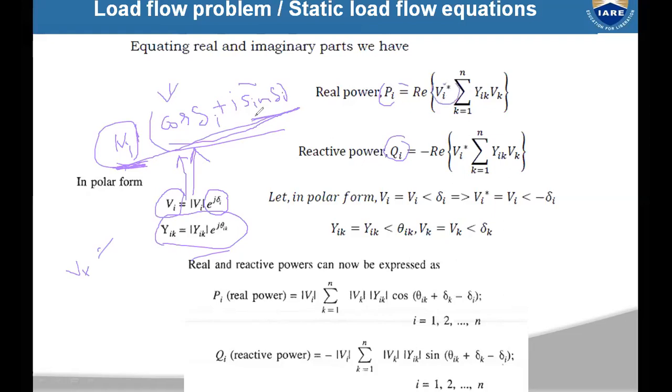Conjugate means this will become minus. So Vi conjugate is equal to magnitude of Vi into cos delta I minus j sin delta I. Right. Now you take only the real part.